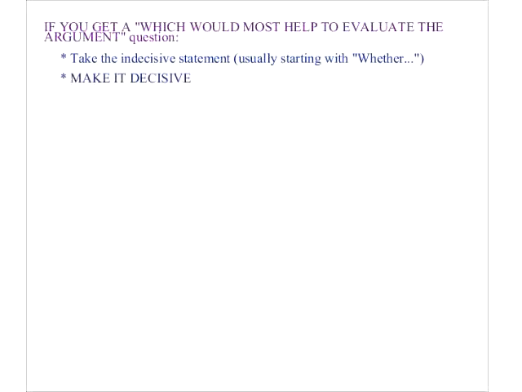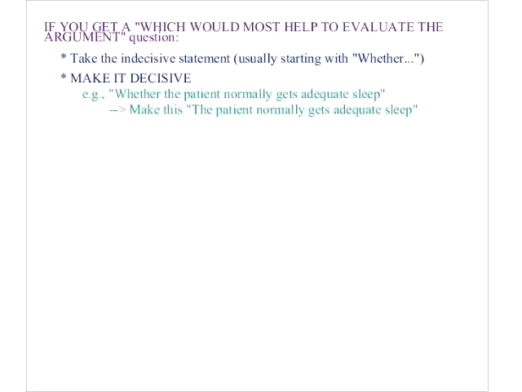So, for example, if you had "whether the patient normally gets adequate sleep," just make this "the patient normally gets adequate sleep," or make it "the patient doesn't normally get adequate sleep."